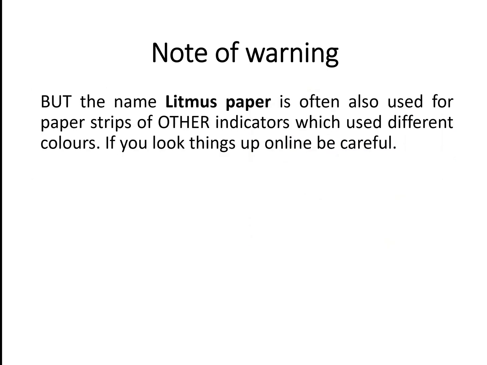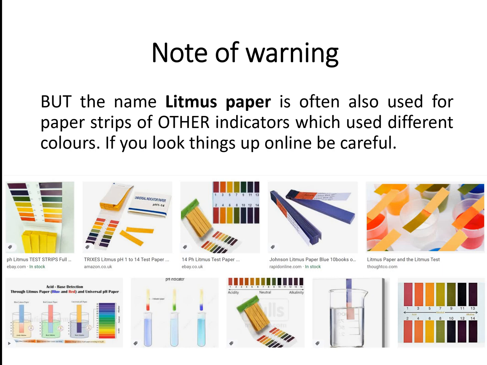However, the name litmus paper is often used for paper strips of other indicators, which use different colours. So if you look things up online, you need to be careful. For example, I went on Google Images and typed in litmus paper, and this is what I got. So you can see here lots of strips of paper with lots of different colours.